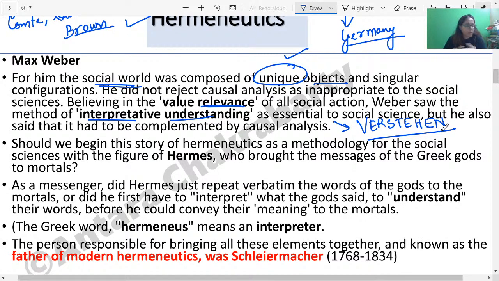But why are we talking about him when we are talking about hermeneutics? We are doing so because hermeneutics as a word comes from a Greek word या फिर Greek concept जिसका मतलब है इंटरप्रीट करना.